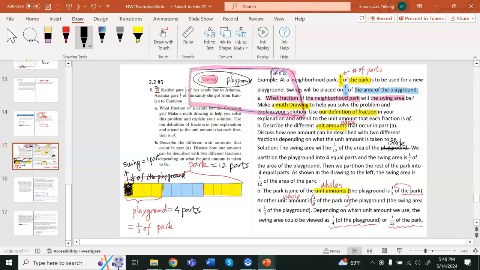You can call this swing area a fraction of 1/4 or 1/12, depending on which whole you're comparing to. If we compare to the playground, the yellow section, it's just 1/4. But if we compare to the entire paper strip, it's going to be 1/12. So when the whole changes, the fraction also changes. Although we are talking about the same swing area, we got 2 different fractions, 1/4 and 1/12.